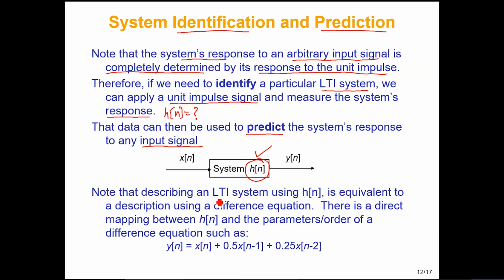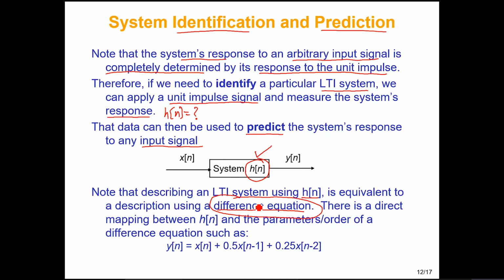Note that describing an LTI system using h of n is equivalent to description using a difference equation. Here we are saying that if you know h of n, we can find out the output for any given input. But the same statement we gave once we described the difference equation, because the very definition of a difference equation was that it gives you the relationship between input and output, that is, how the system responds to different inputs.